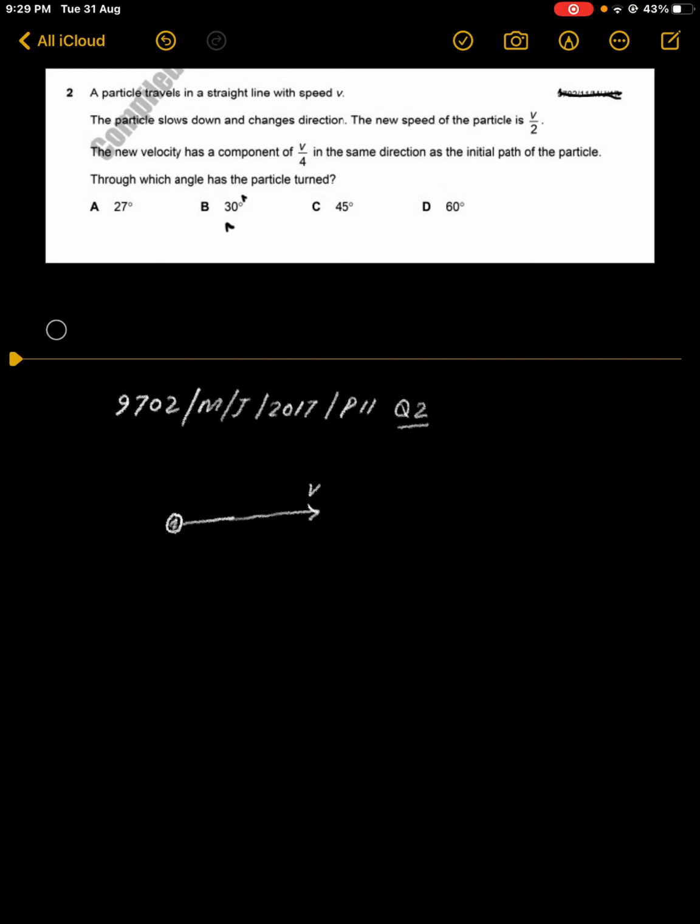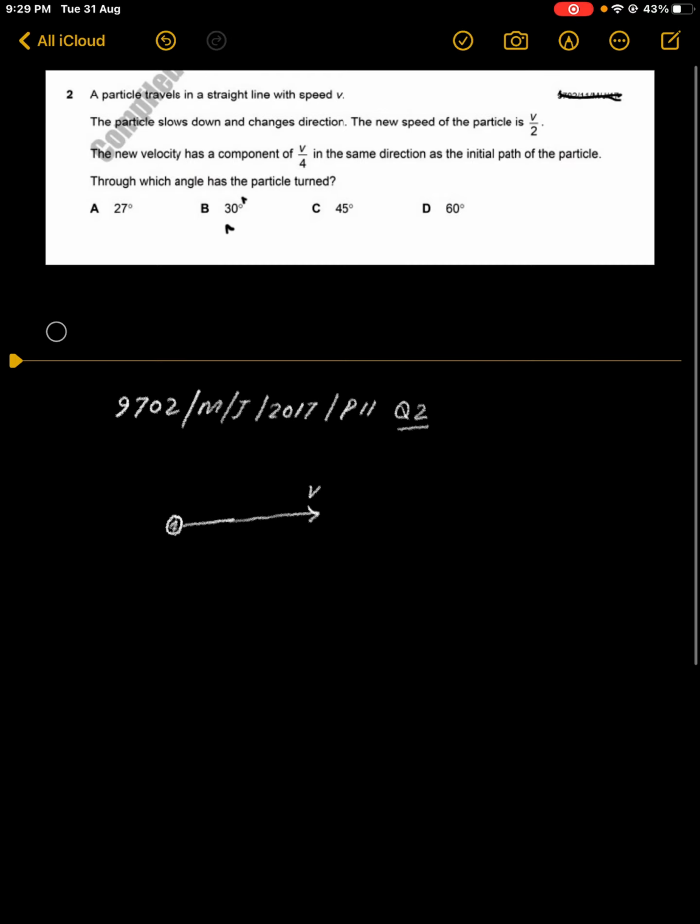This statement gives you a help: definitely the particle changes its path, and this change in path is as compared to its original position. So you consider this is the initial condition of the particle.